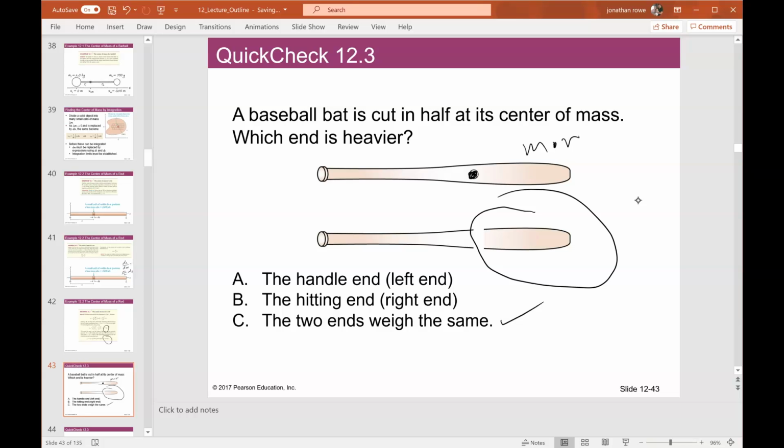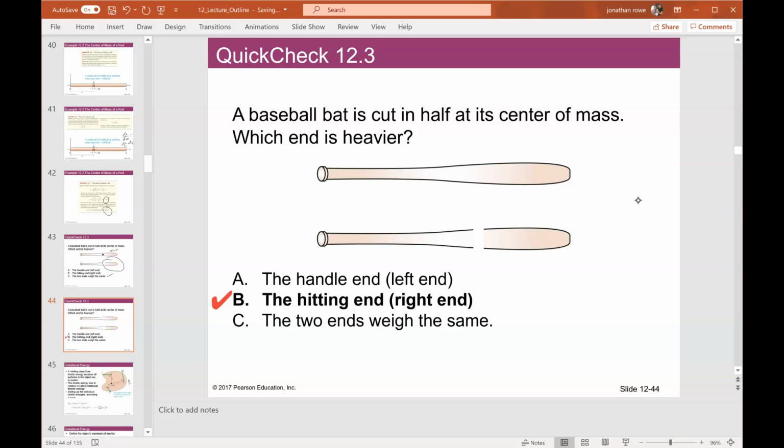So again, since this has a smaller radius, this has got to have a bigger mass than this. Let's see if that's right. Yes, it is. The hitting end, the right end.